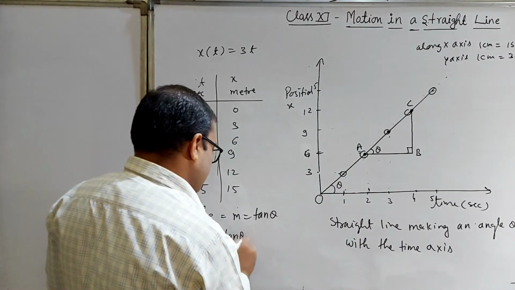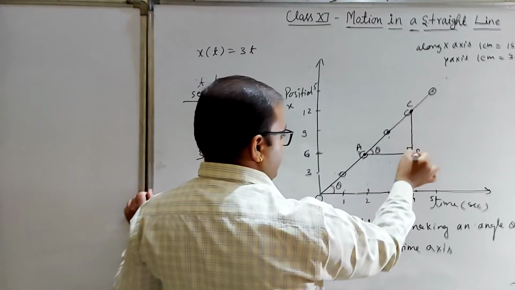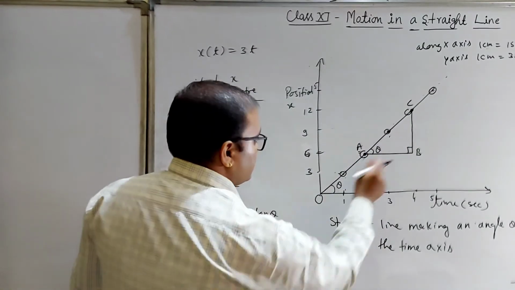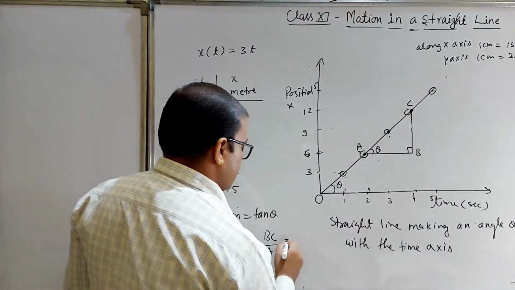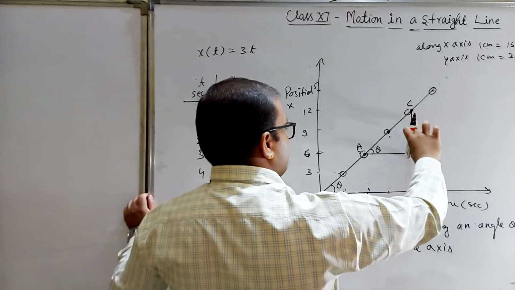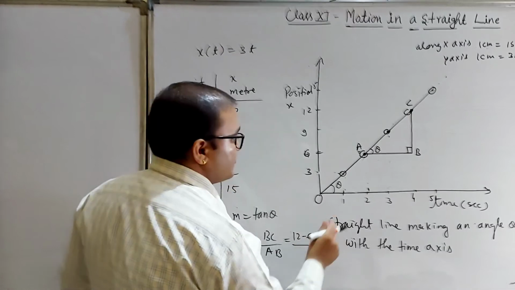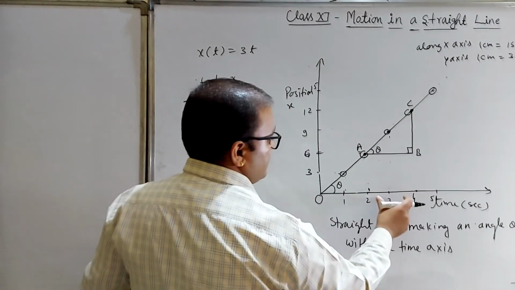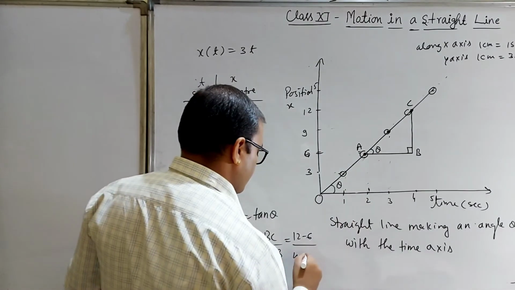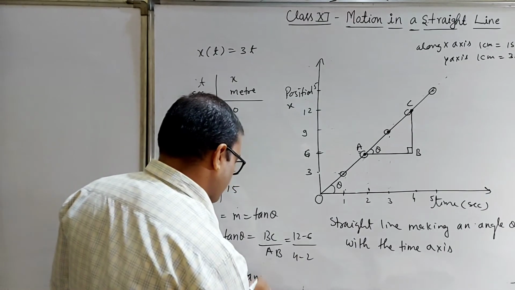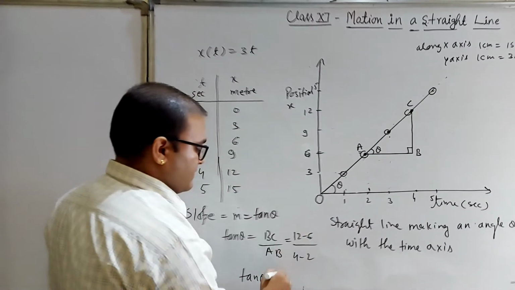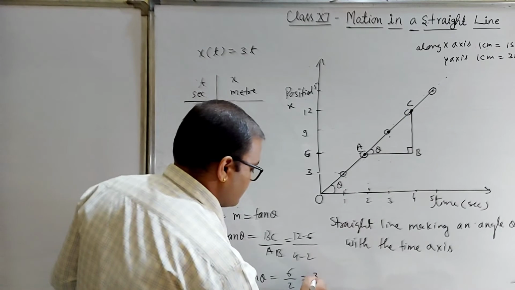So tan theta equal to perpendicular BC upon base AB. What will be the value of BC here? 12 minus 6 upon AB, that is 4 minus 2. So tan theta, the slope, equal to 12 minus 6, that is 6, upon 2, that is equal to 3.